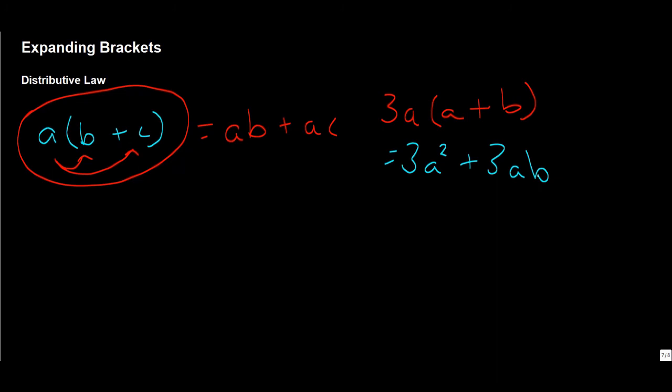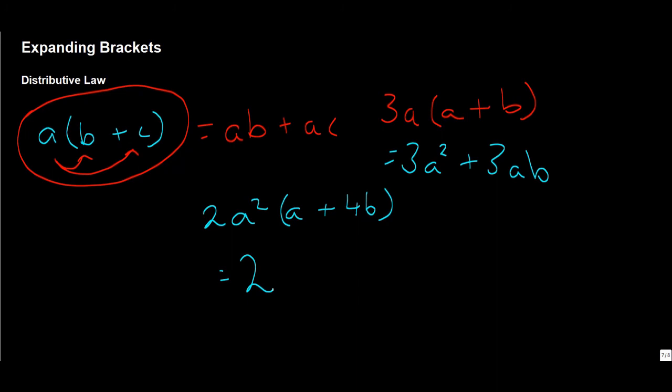So I'll give you guys one question, and this will be the last question for this video. Just have a go at that. How do we do this? There's no coefficient in front of the first a, so 2 times 1 is 2. Now a squared times a.